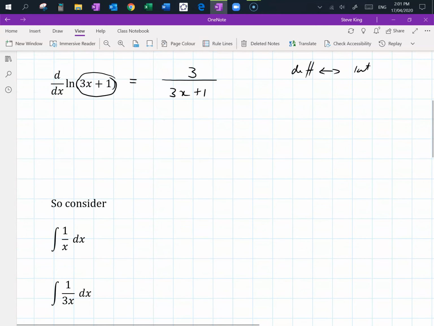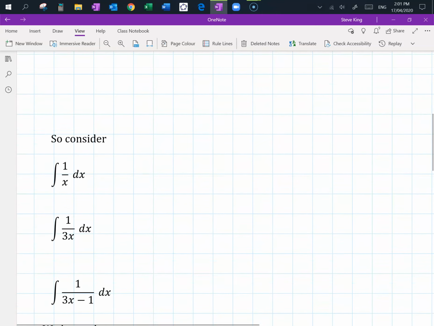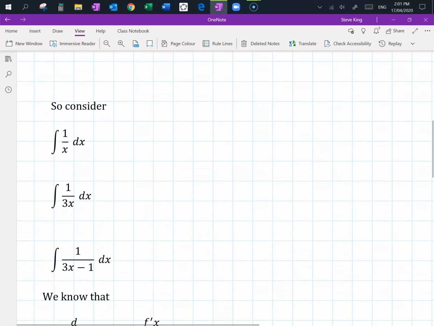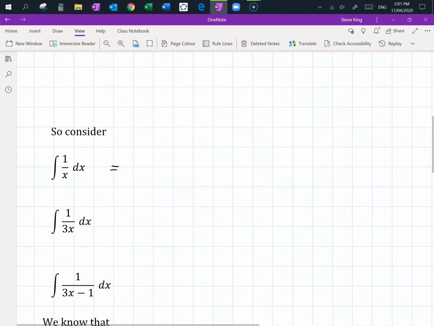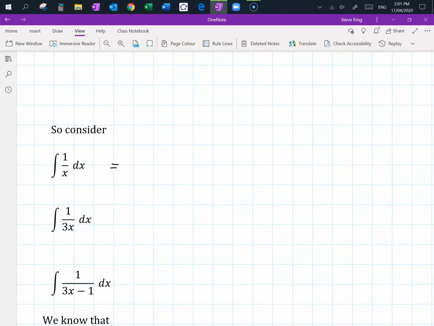So if we go and look at these options here, what did I derive in order to get 1 over x? Well, if we remember that I derived ln x to get 1 over x, then I'm going to say that's simply going to be the ln of x plus c.